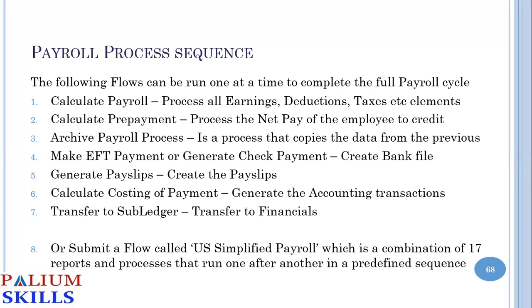Accordingly, if it is bank, it will go to the bank transfer file. If it is a check, then it will wait to be printed. If it is cash, the cash has to be paid separately, right? So that is the prepayment process.